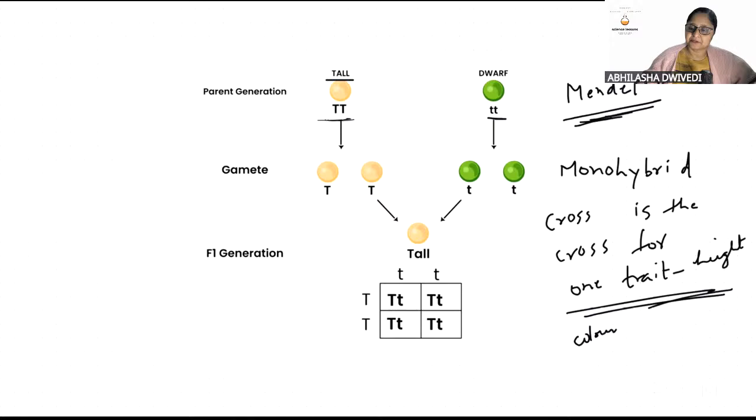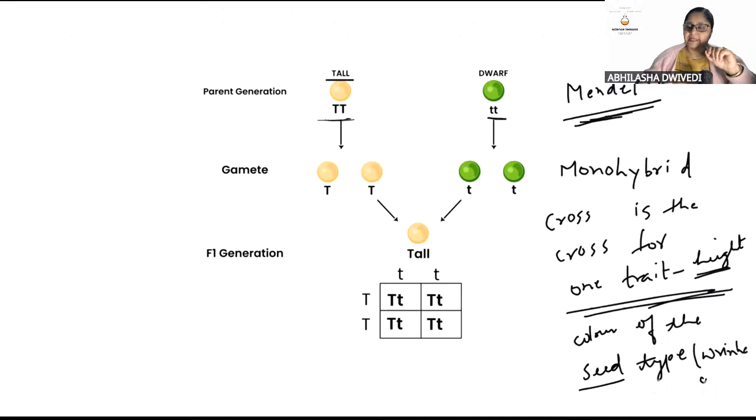So one single thing we are taking, right? Or a seed type, whether it is wrinkled or smooth. So we are taking one trait at a time, that means either height or color or type of seed.